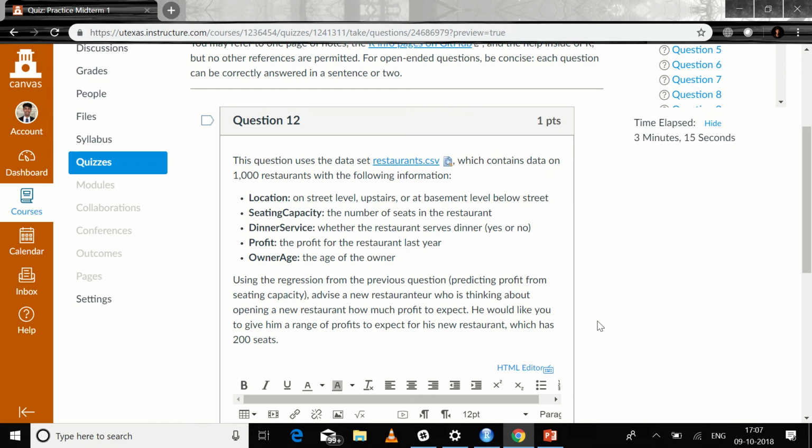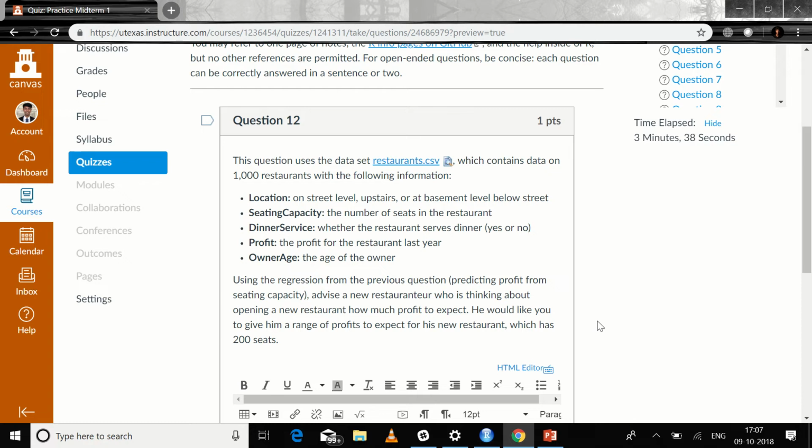But now for this specific question, it says using the regression from the previous question, which is to predict profit from seating capacity, advise a new restaurateur who's thinking about opening a new restaurant how much profit to expect. He would like you to give him a range of profits to expect for his new restaurant, which has 200 seats.